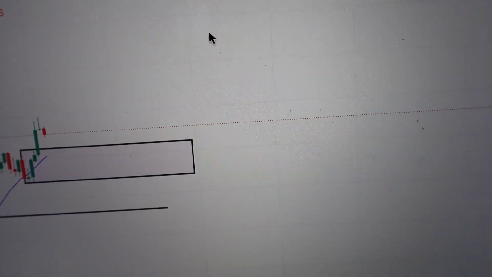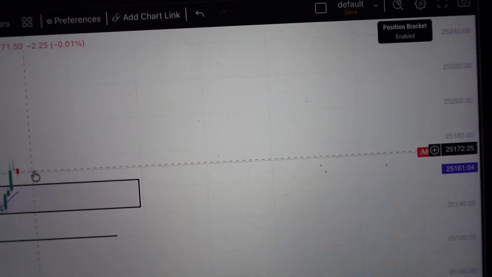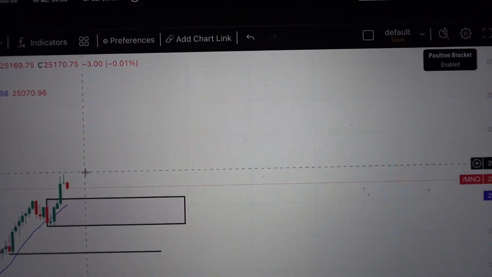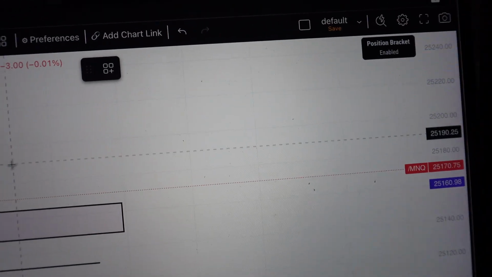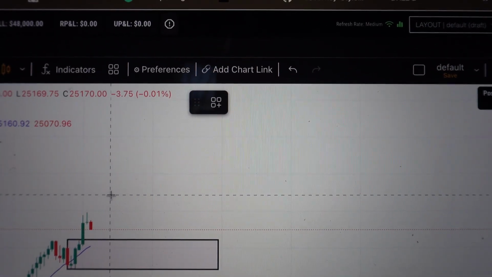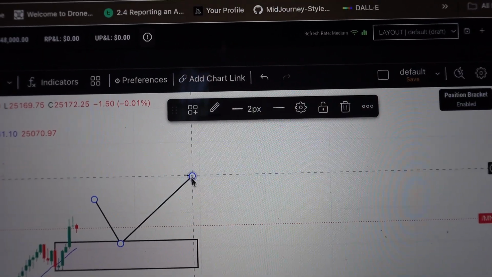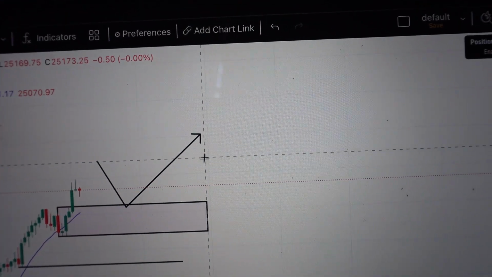And for the same thing, I want to see price come, hit the zone, and take off. That's exactly what I want to see.